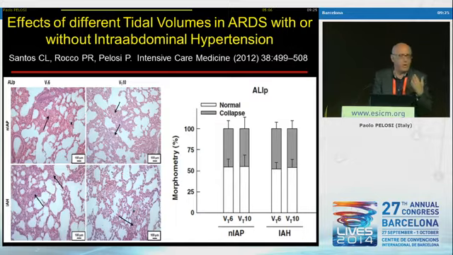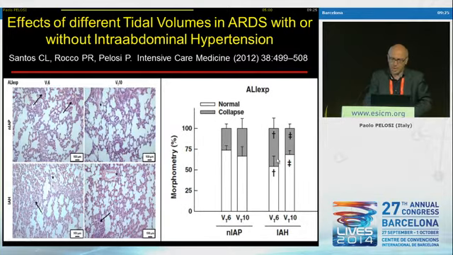And this was also not affected by tidal volume, which, on the other side, you can interpret as a transpulmonary pressure. On the other side, when we look at secondary extrapulmonary lung injury, you see that we observed a major increase in the atelectasis. And with increased tidal volume, we observed a reduction in this atelectasis at the same, relatively lower, level of PEEP.